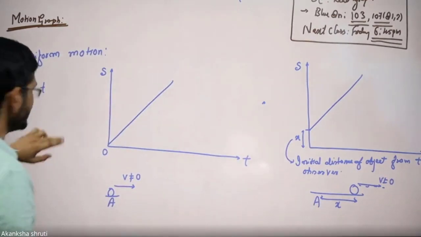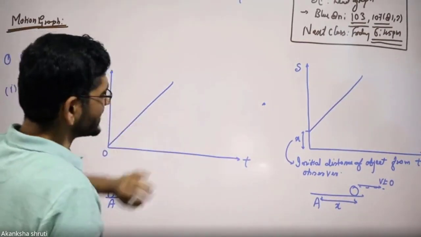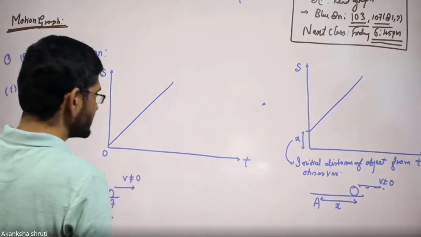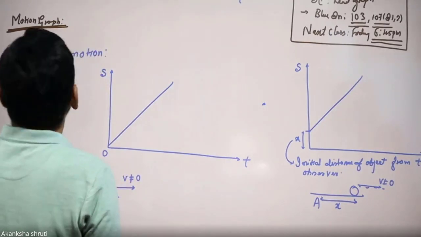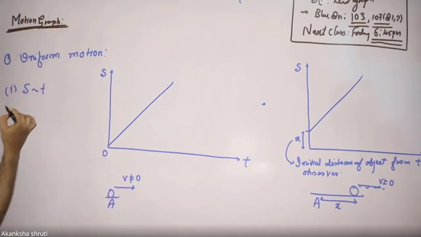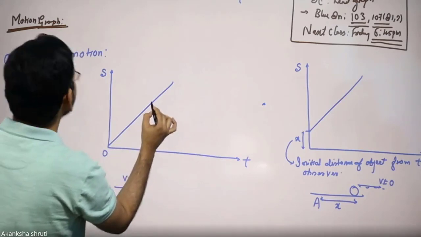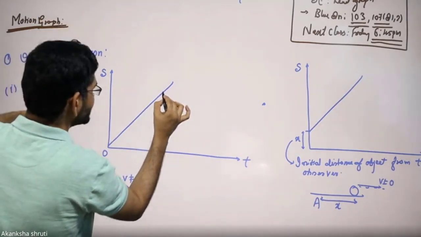The next one is, even for this uniform motion, for these two cases, we can draw the velocity time graph. So if I draw the velocity time graph, students, the velocity for this graph is obtained by taking the slope.